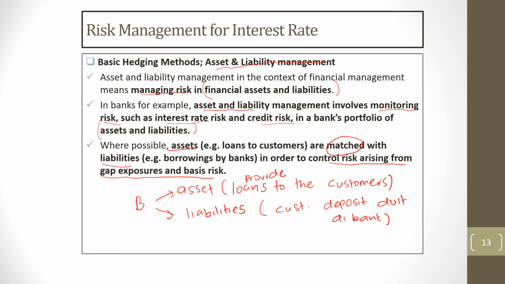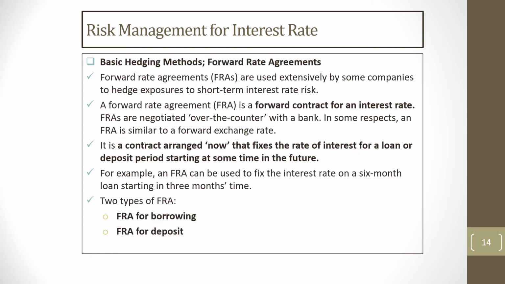Okay, ni adalah macam mana apa yang akan berlaku dalam asset and liability management. Okay, next basic hedging method is forward rate agreement. So it means that FRA adalah kegunaan untuk hedge short term interest rate risk. Ingat, to hedge tu apa? Business activity yang akan reduce the risk.